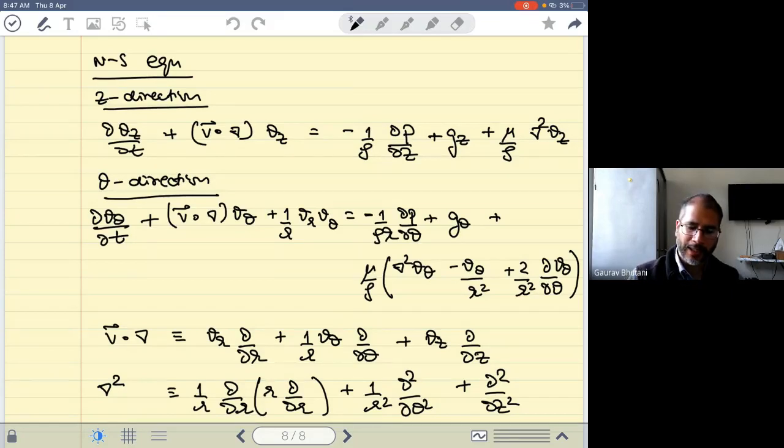Okay, and from this z direction Navier-Stokes equation, you only have this term and this term remaining. Everything else becomes zero, right? So when you solve this, you will end up getting a parabolic relation again.